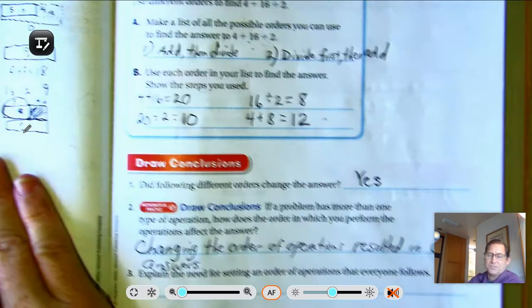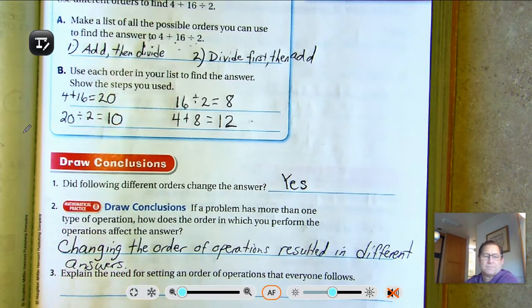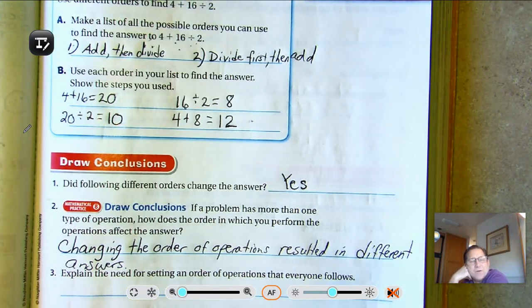It resulted in different answers, right? So if you added first then divided, we got 10. If we divided first and then added, we got 12. So the order in which you perform the operations affects the answer because it gives you a different answer.